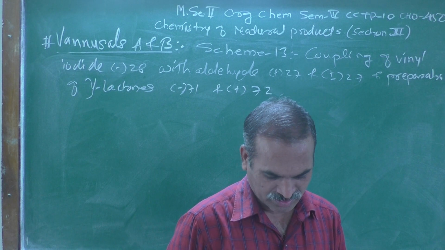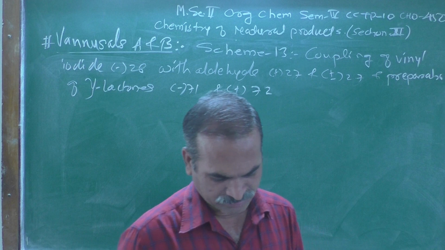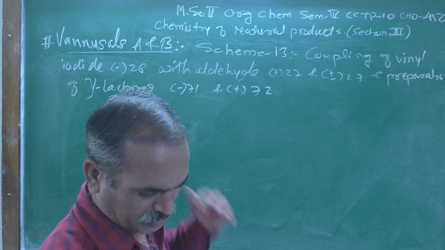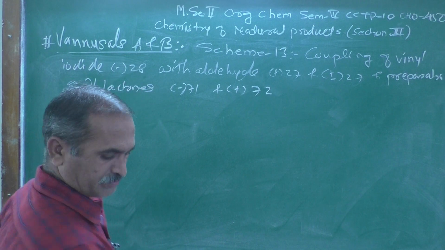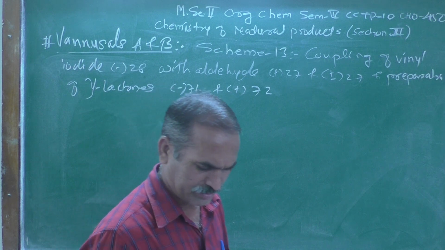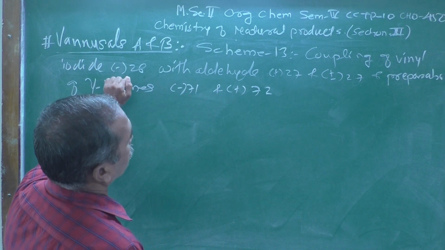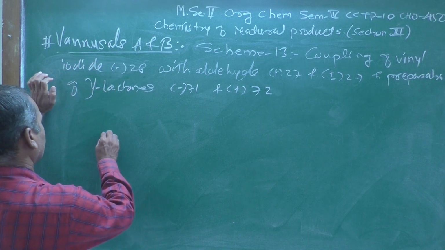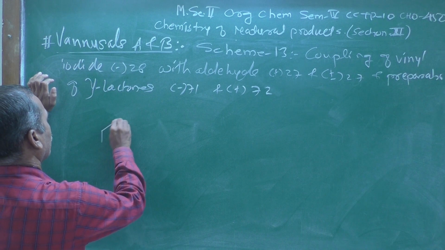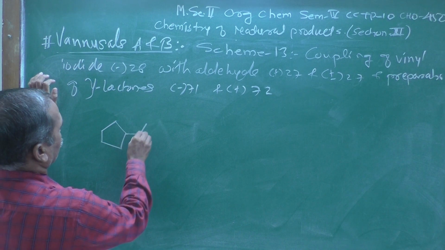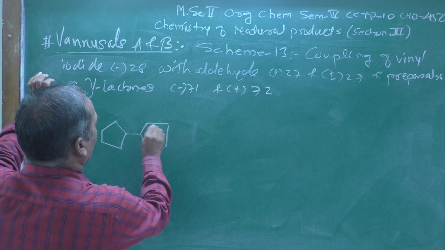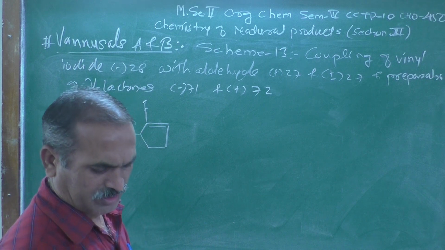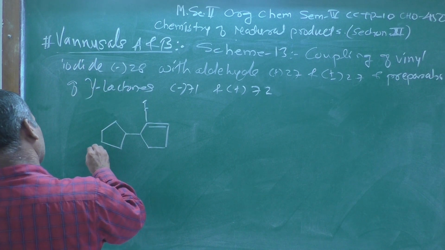And now, let us begin with the structure. Here I am showing the structure of the vinyl iodide. Look at the structure which I am representing over here. Vinyl iodide means this part, and the rest of the thing remains as it is.